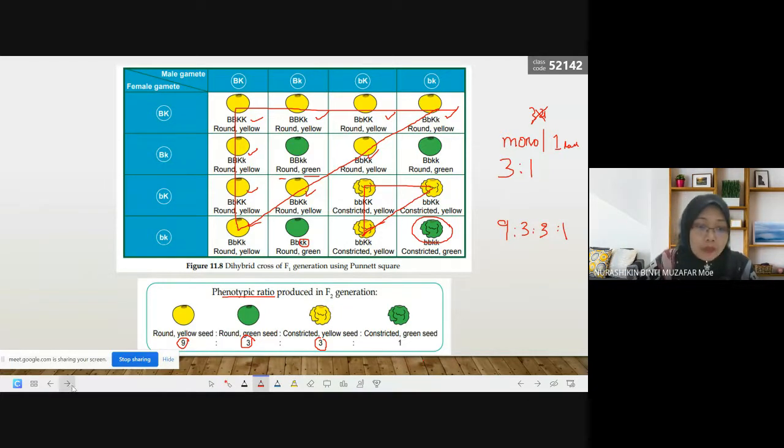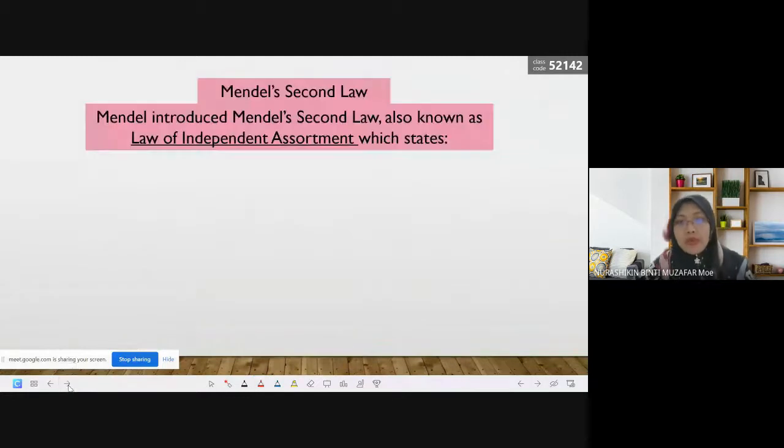Okay, so if you study at university later, you will still learn this but in detail. Okay, so this is the conclusion for Mendel's second law. Mendel introduced the second law, also known as the law of independent assortment. This is a new word for you.